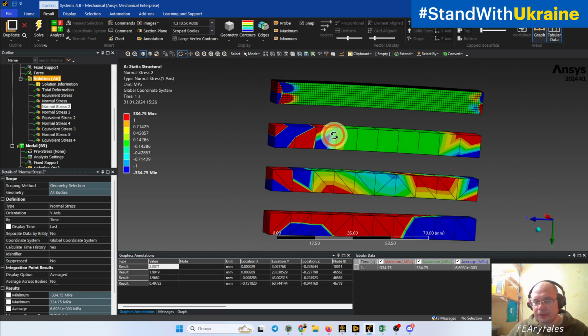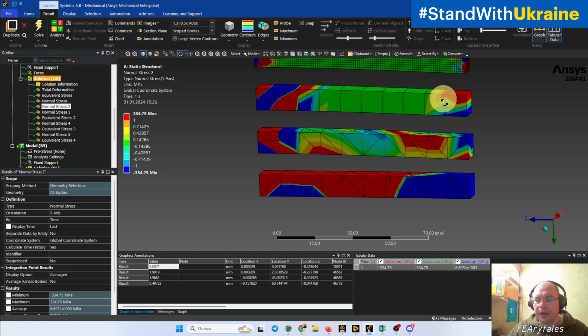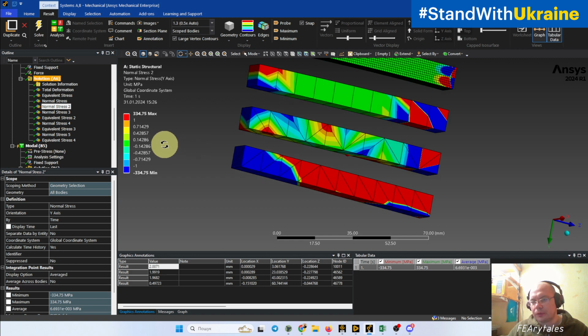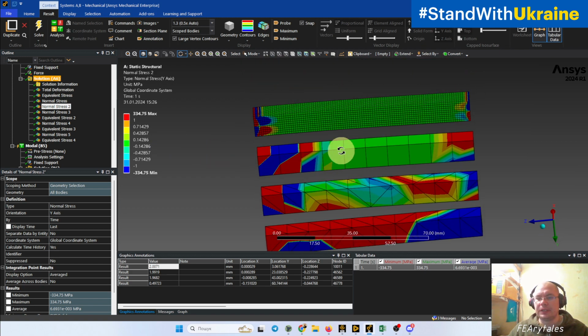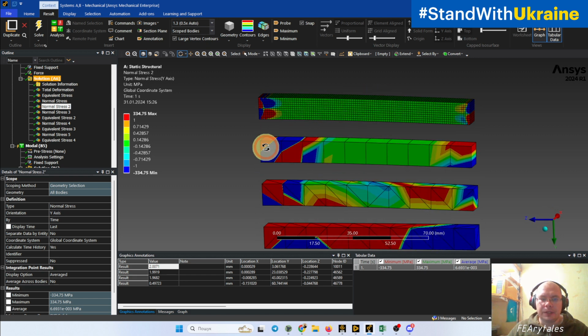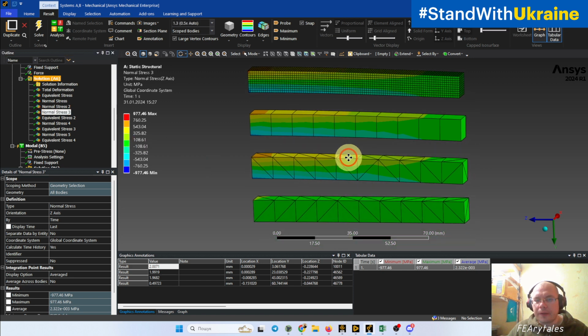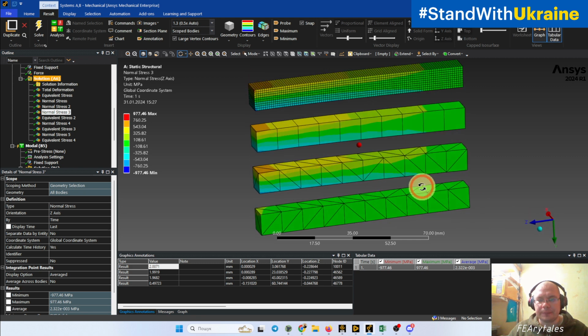And because of the mesh and the boundary condition, we have here non-zero values, and it looks like this one, but it's not the stress we need, and we need only this one, only around the z axis, sigma z.